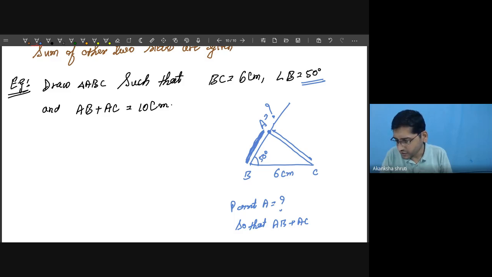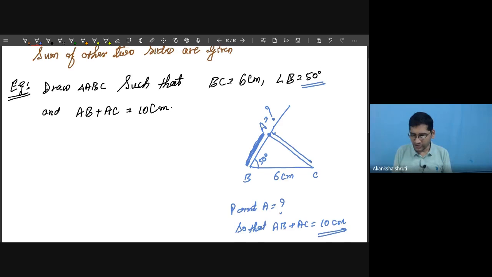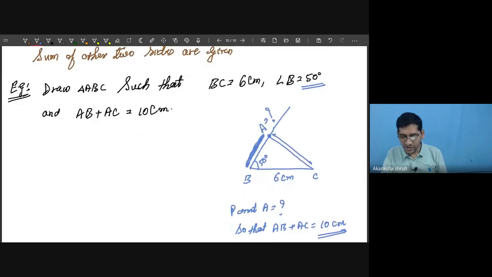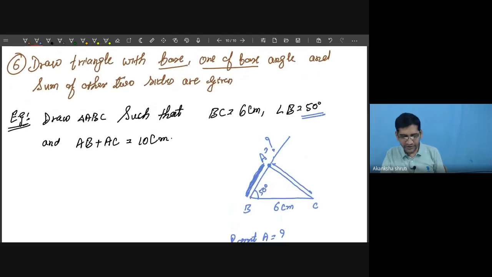These two are unknown, but their sum is given as 10 centimeter. So how to draw? I think we shall discuss tomorrow. Tomorrow we will finish these other three kinds of construction.